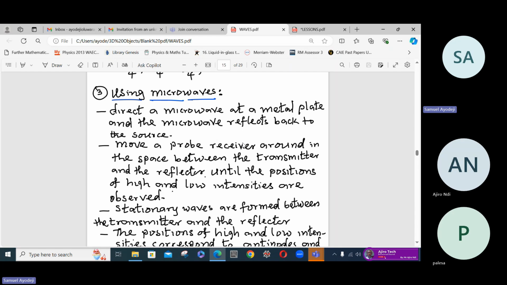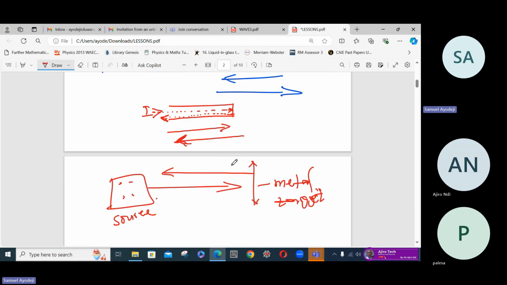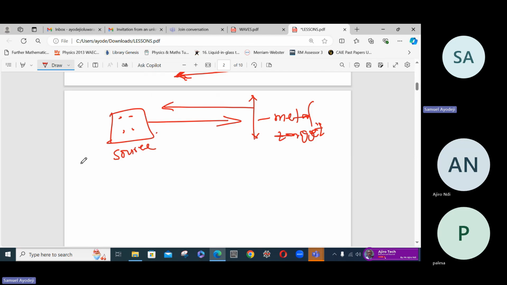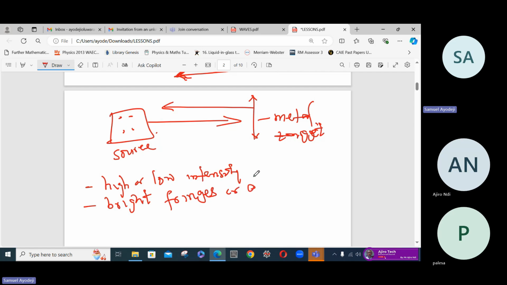Let me list something here. A probe receiver can determine either high or low intensity. Two, it can also determine maximum or minimum, either bright fringes or dark fringes.